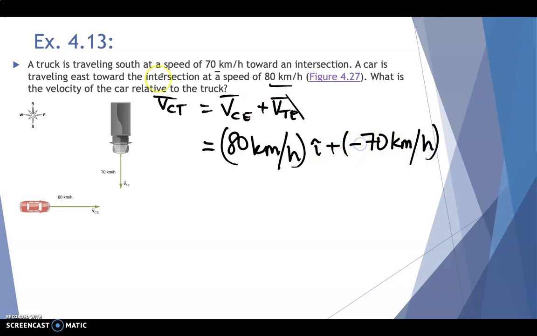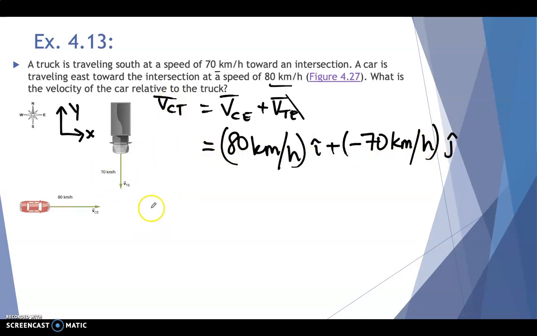So I'm going to put a negative here if this is my coordinate system, and that'll be j-hat. So this is going to describe my velocity.